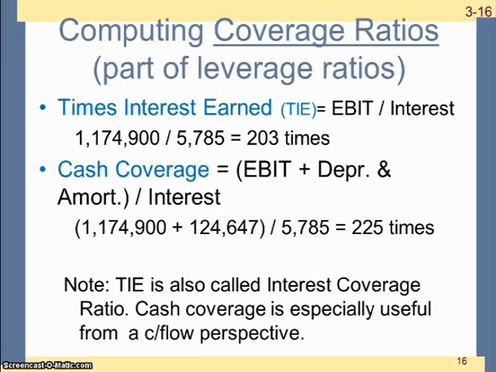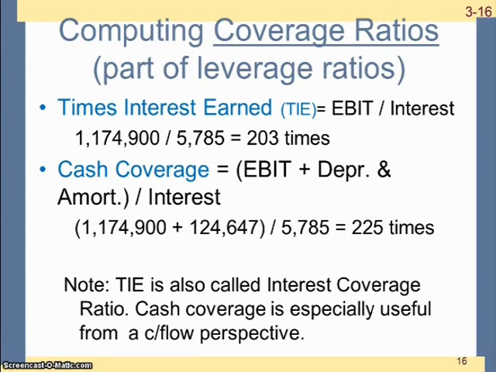And the last ratio of leverage ratio is cash coverage. Cash coverage ratio is EBIT plus depreciation plus amortization divided by interest expense. The cash coverage ratio is used to determine if a firm has adequate funds to pay for interest.